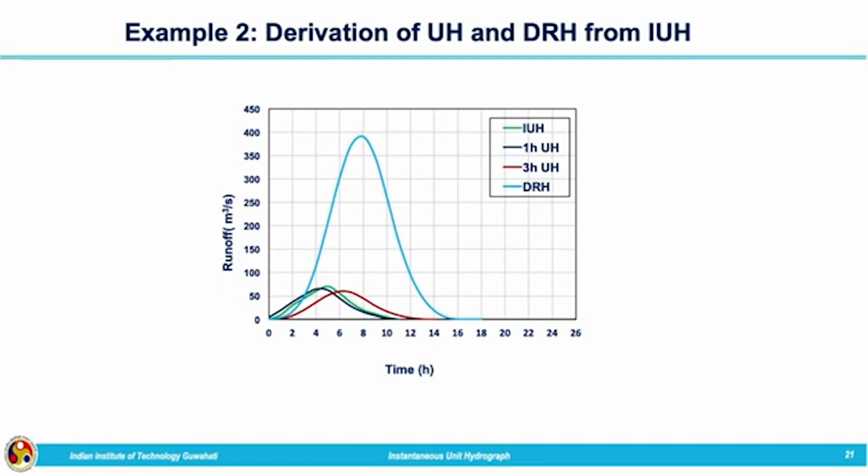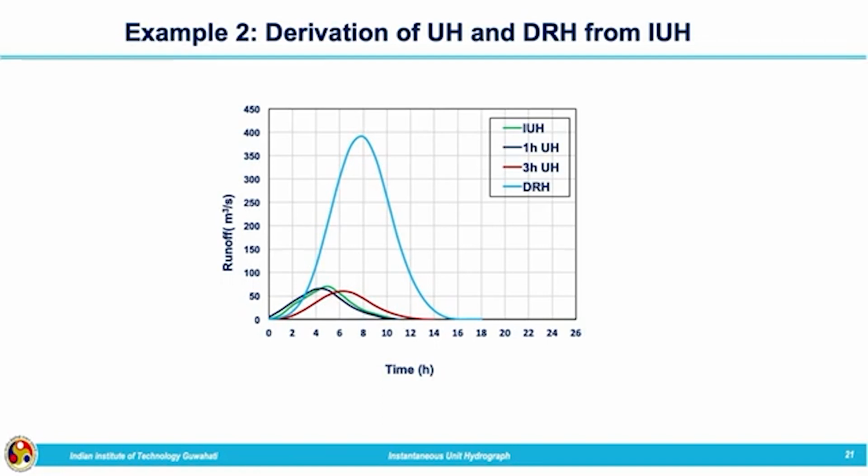The combined response due to 2 centimeter and 5 centimeter effective rainfall is represented by the direct runoff hydrograph marked by this blue. So, these are the graphs which we have produced from the given instantaneous unit hydrograph.